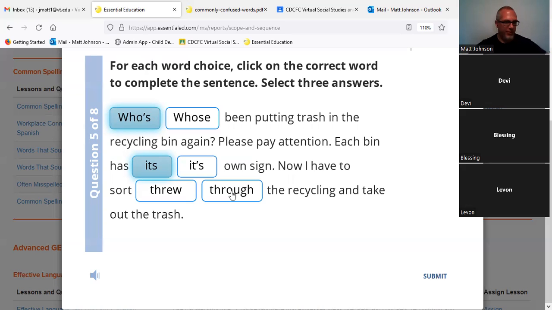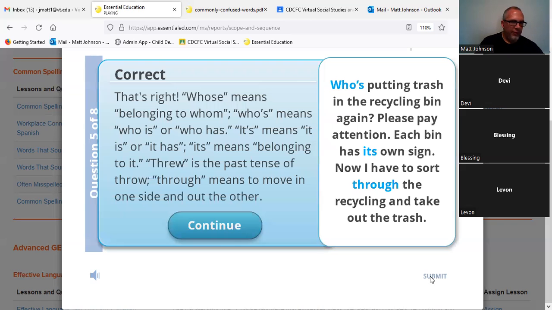Having to pull it apart. Whose means belonging to who. Who's, who apostrophe S, means who is or who has. It's, right? We already discussed that one. And then threw, like I said, past tense of throw.